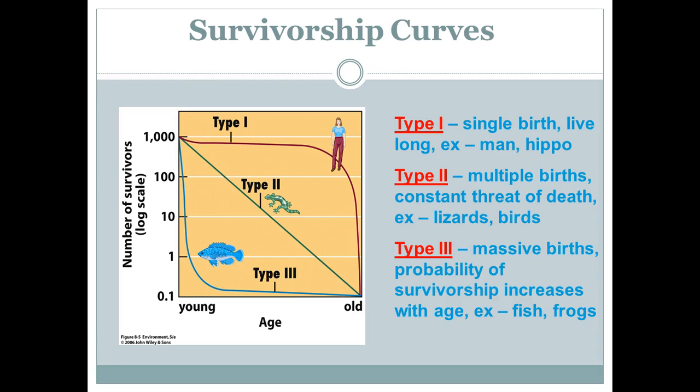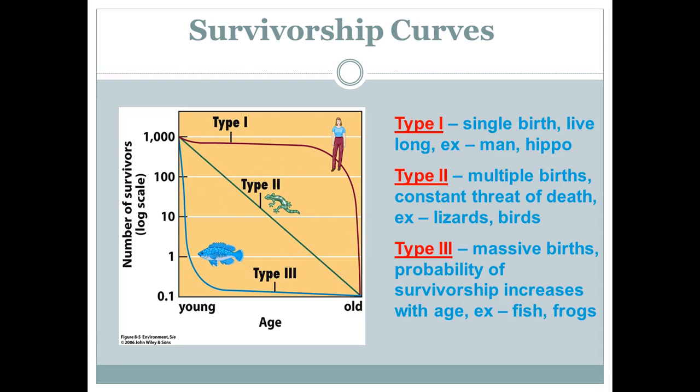Then you have the type 2s. And notice that a human and a fish, we've got a K and R strategist, and very predominant K and R strategist. So then, look at the type 2. Type 2, they have the same amount of death when they're young as when they're old.